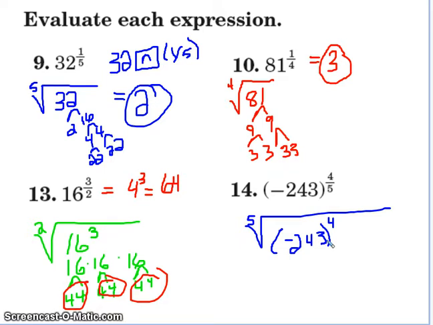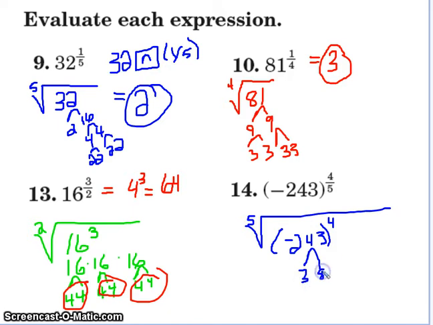243 is divisible by 7. I hit time. 243 divided by 7. Nope, I'm wrong. So I need 243 divided by 3. Okay, so that gives me 81. 243 divided by 3 gives me 81.